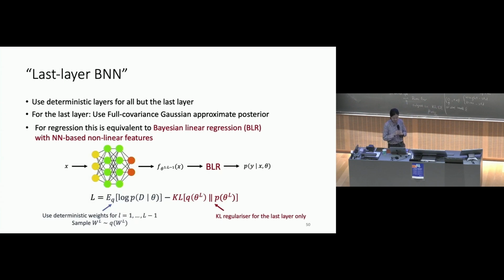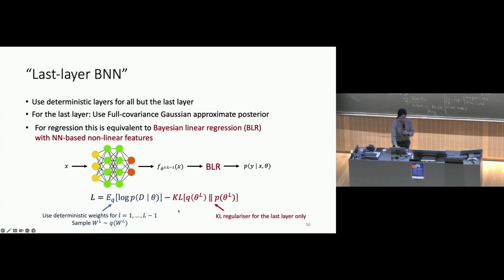This is the lower bound objective you're going to implement. It is the same lower bound objective, written in essentially the same form, except that for the first to the second last layer, you have delta measures, and for delta measures the KL divergence is ill-defined. So we just throw away those KL terms and only keep the KL term for the last layer.